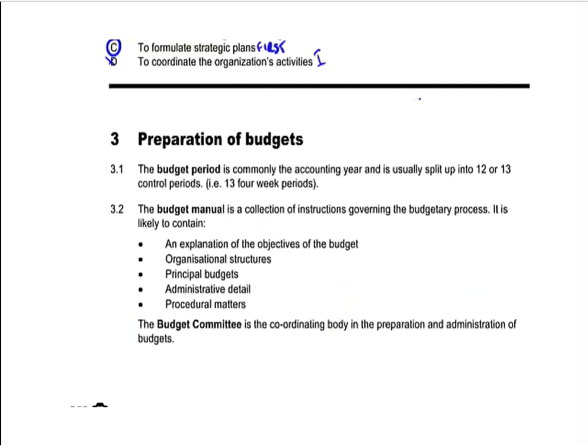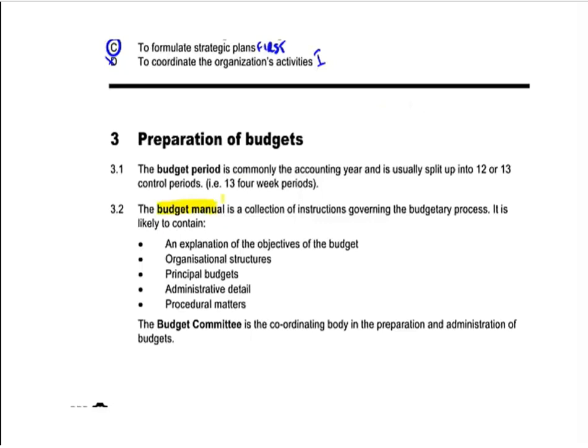When a company is preparing its budgets, then it will divide the accounting year up either into 13 4-week periods or into the 12 months. And how the budgets are prepared within the organisation will be dictated by the budget manual.